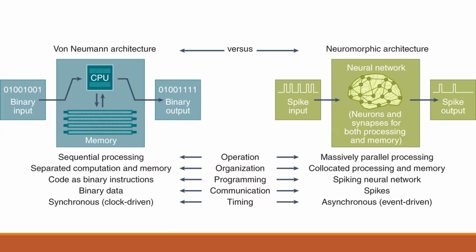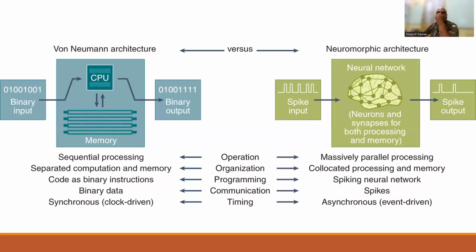Whereas neuromorphic computers have the following characteristics. Collocated processing and memory. The brain-inspired neuromorphic computer chips process and store data together on each individual neuron instead of having separate areas for each.